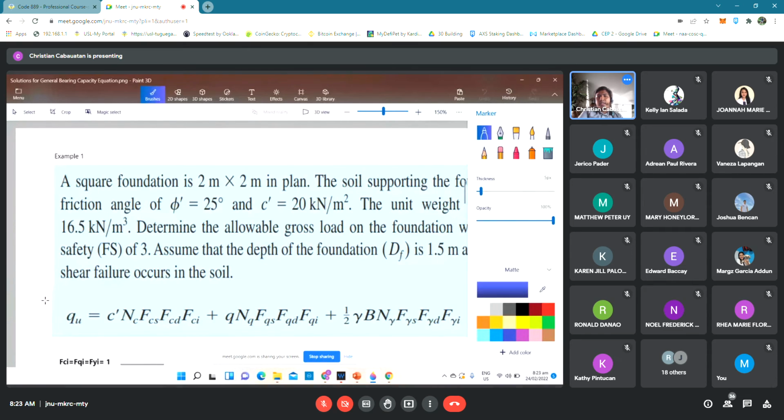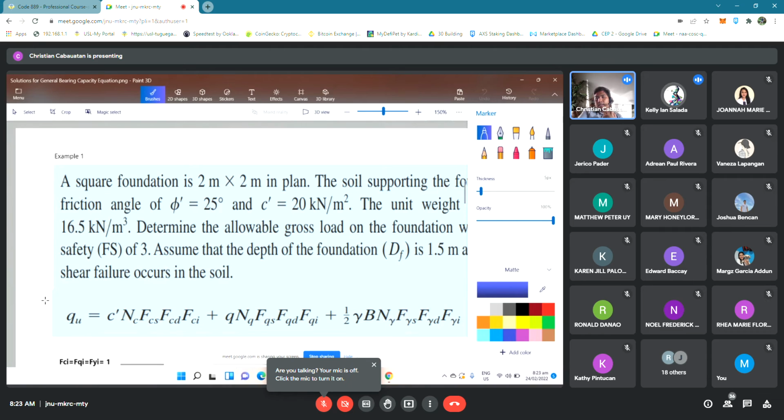If the problem does not state the degree of inclination, it would be taken as 1. It is 1 when no degree of inclination is given. But if a degree of inclination is stated, then use the formula we gave earlier. I hope you can absorb that.